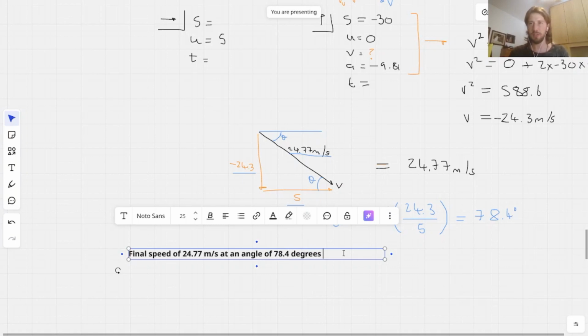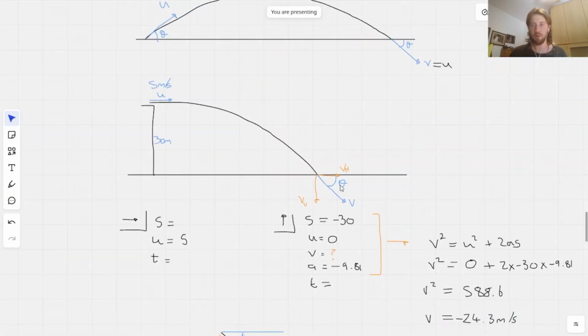And now we need to be explicit about where we're measuring our angle from. I would say something like clockwise below the horizontal. And you can always vary it with how you describe it, but if you choose a direction, clockwise, anti-clockwise, above, below the horizontal, or vertical, like that you'll never be ambiguous. This is exactly describing our final speed in a kind of speed-angle format.